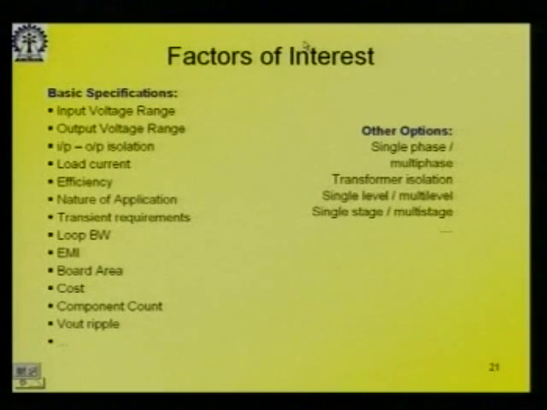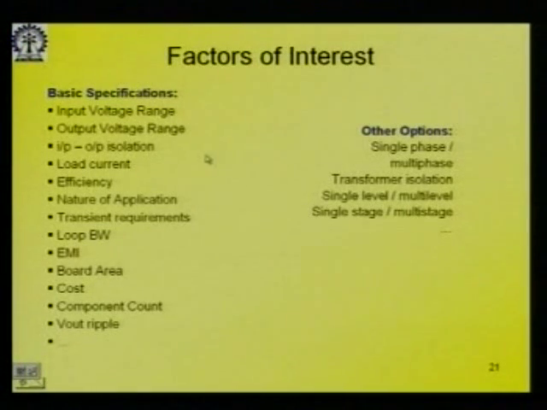Now coming back to some of the global issues and the way we classify the operation of power management circuits, or how we specify them: whether the input voltage is an important parameter, what input voltage it should work with, the output voltage, what the requirement is, what tolerance we can allow, what percentage of tolerance we can have, and whether isolation is required between input and output.